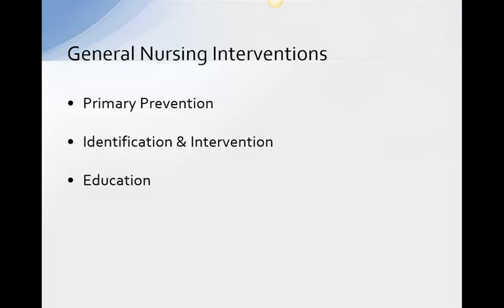So, general nursing interventions. What we're going to want to do at the primary level is health teaching. We can think of targeting children or adolescents, the impact on how children and adolescents problem solve, and having an understanding of the negative effects of these things will hopefully keep them from participating in this as they grow older.